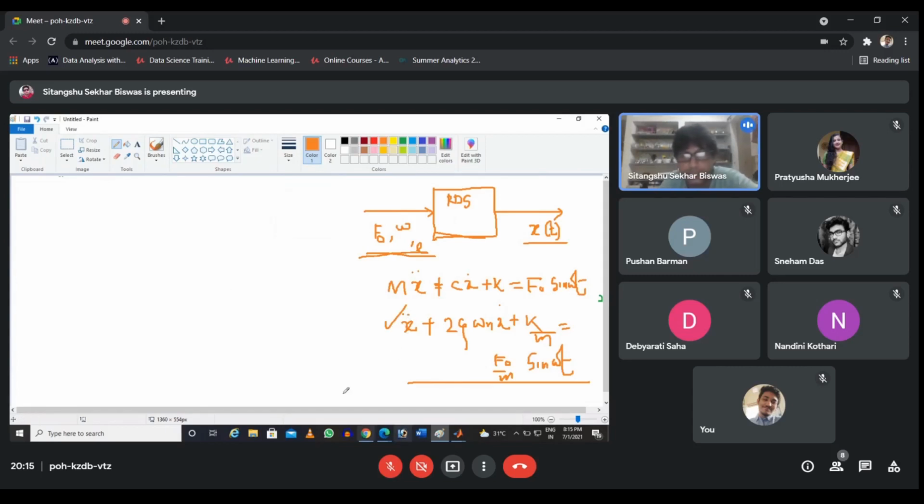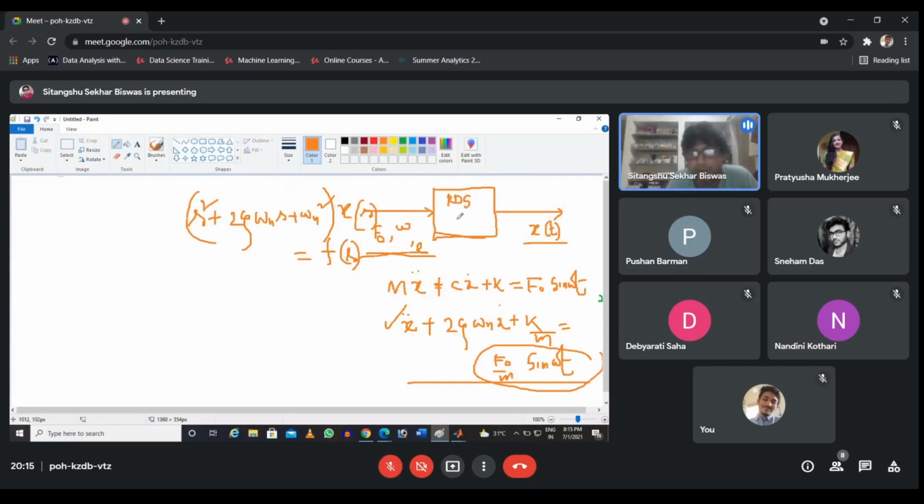So if you convert these things to the Laplace domain, s square plus 2 xi omega n s plus omega n square, into my X(s), is equal to my forcing function, which is F(s).